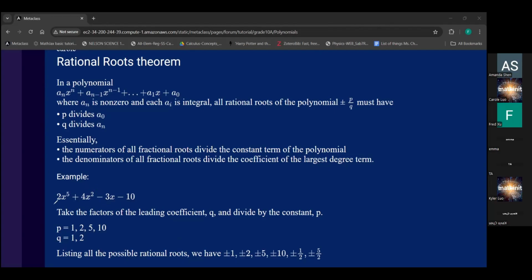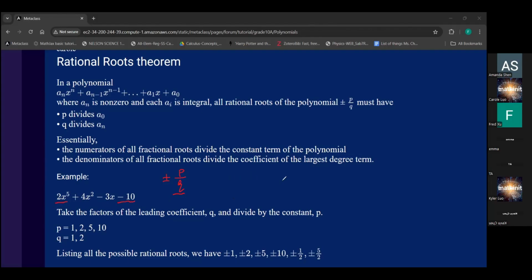So to make this clear, we have this over here. Remember the rational roots are in the form of plus or minus p over q. The p must divide into the -10, and the q must divide into the 2, so the leading coefficient.